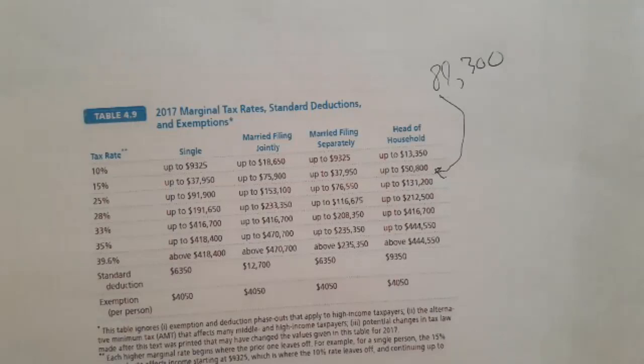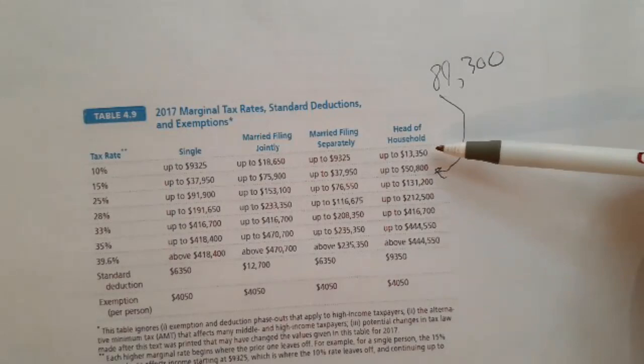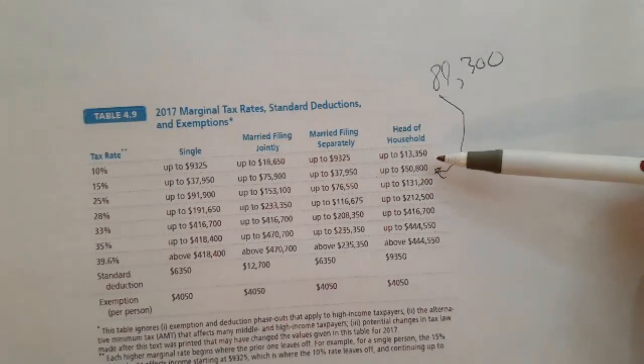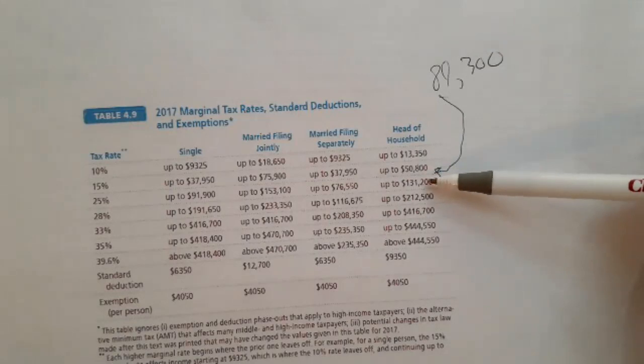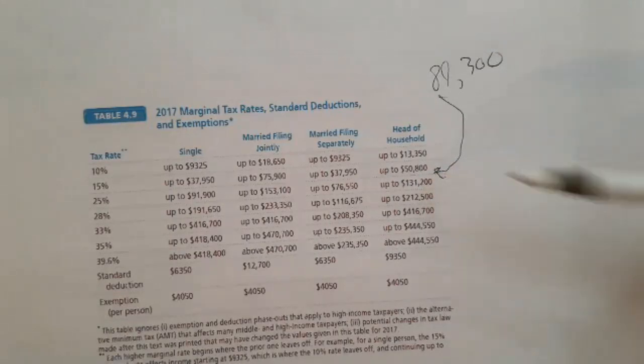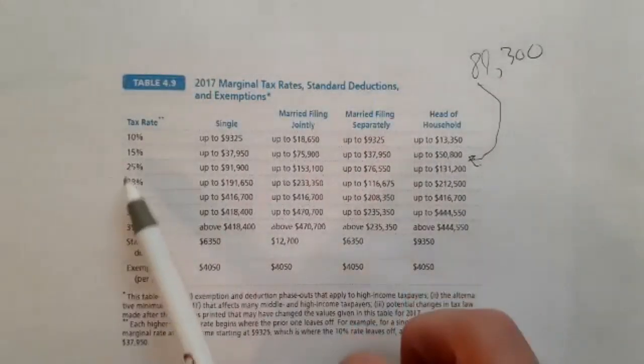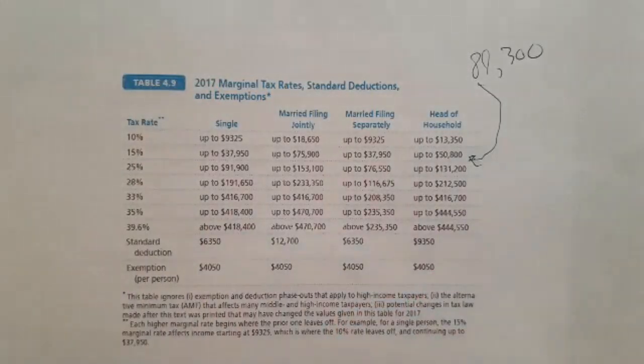I guess 50, like you said, right? So this might be a little tricky. Up to 13,350 is going to get charged there. Up to 50 is going to get charged here. He's actually going to get some of his wages charged at what rate? I can't really say, that's kind of blurry. I don't have the book. It'd be the 25. So it goes 10, 15, 25.